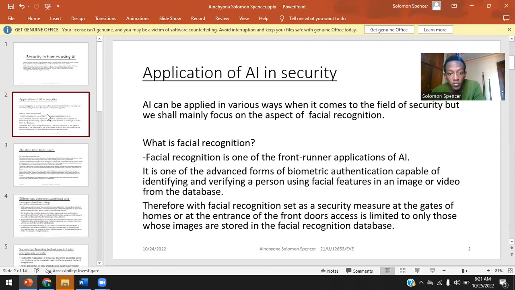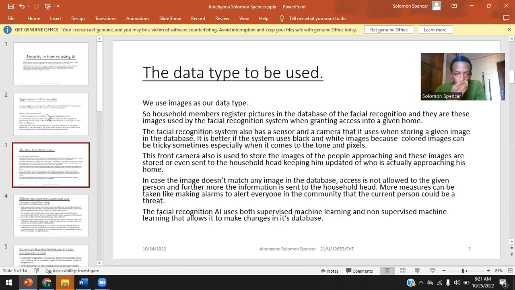So, with facial recognition set as the security measure at the gates of homes and the entrance of front doors, access is limited to only those whose images are stored in the facial recognition database. That makes sense.